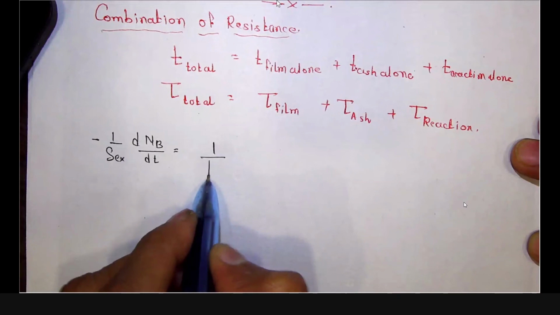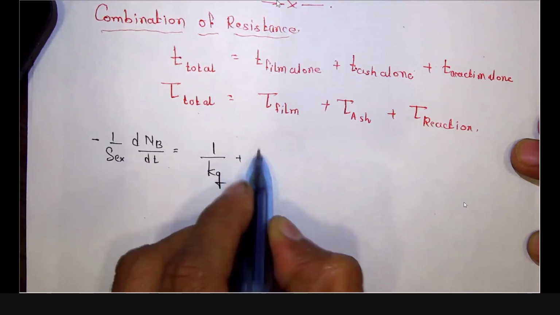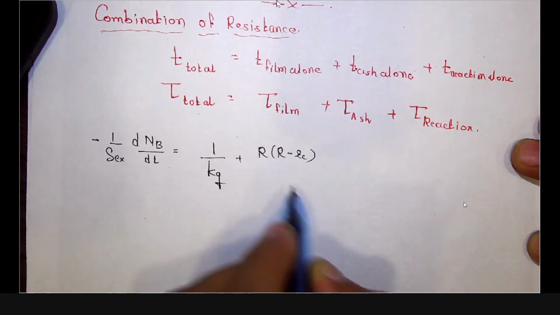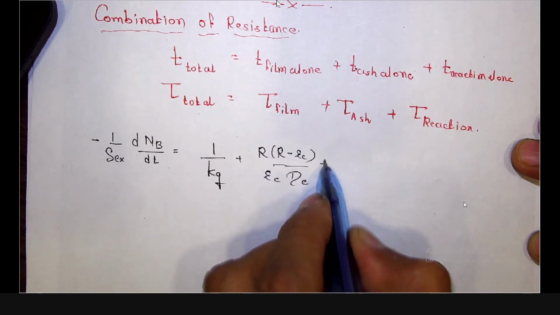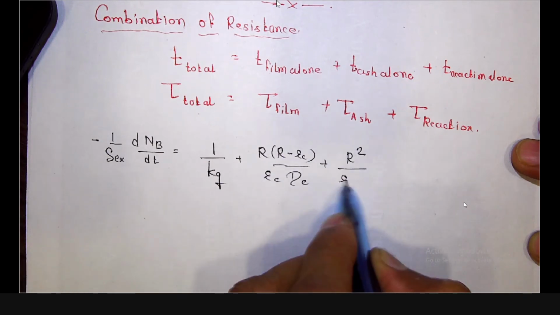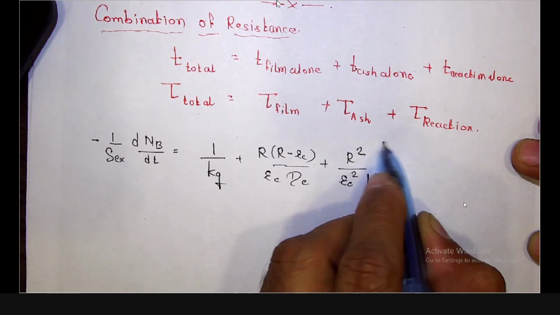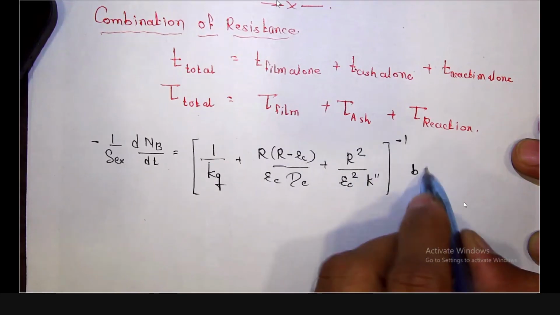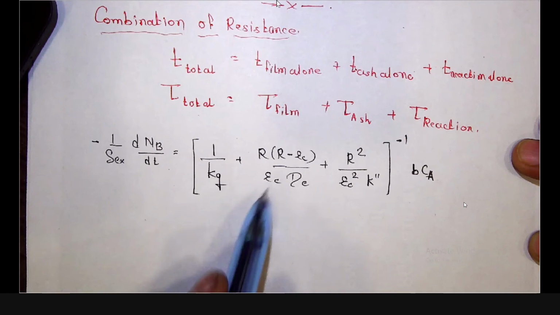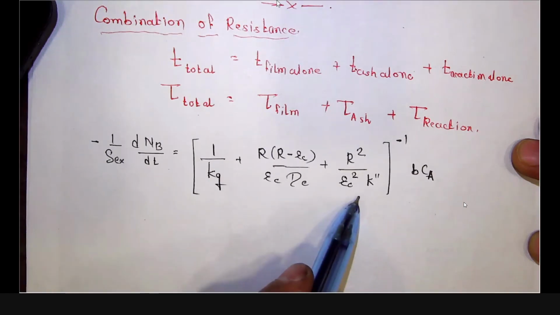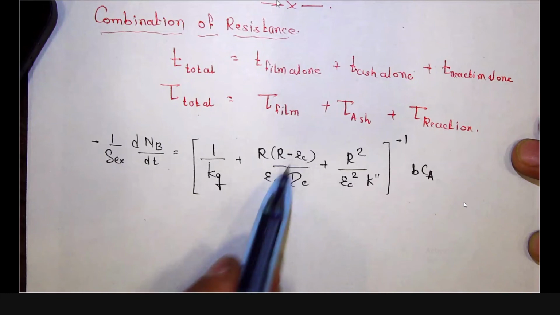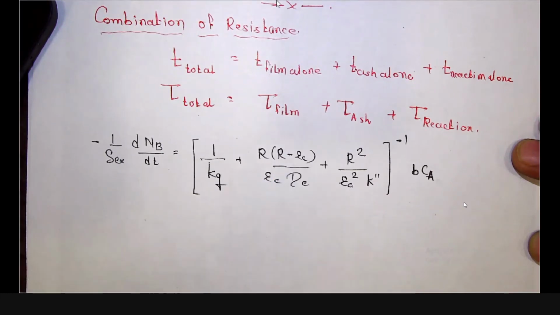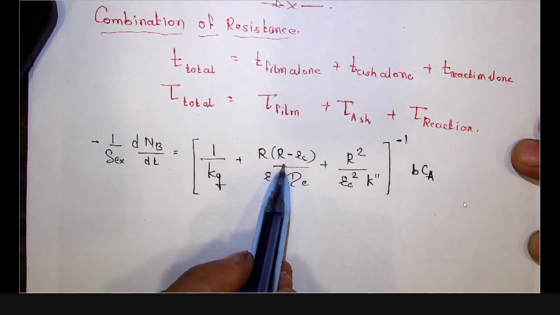If you simplify as we did in mass transfer with chemical reaction, you can reach this mathematical expression. So this is gas film resistance, this is ash layer, and this is reaction resistance. And this changes progressively with respect to conversion, and this is for unchanging size.